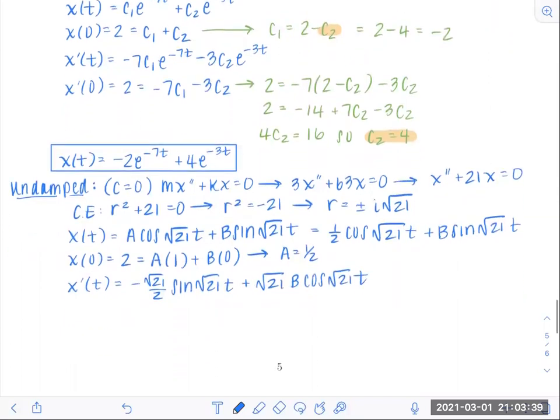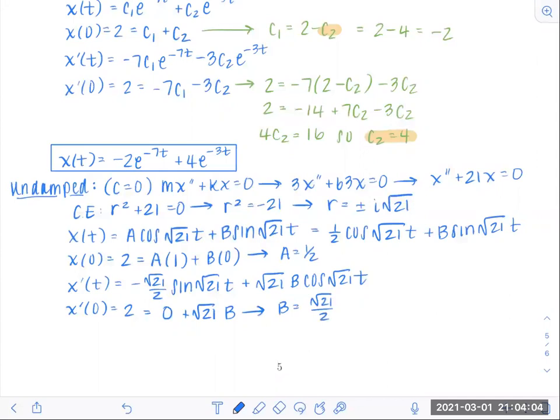Let's impose that second initial condition that says the first derivative at 0 is equal to 2. That gets me a 0 at the sine function and a root 21b for the cosine function. So we conclude that b is equal to root 21 over 2.